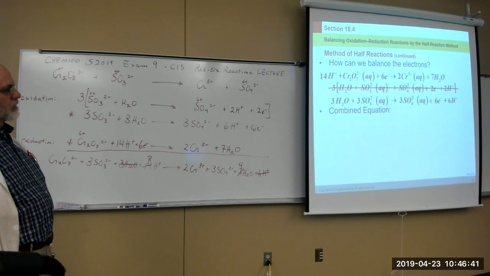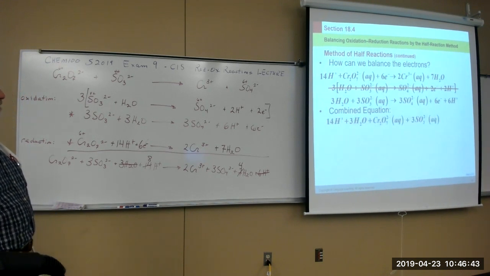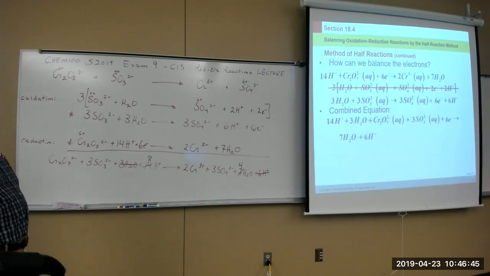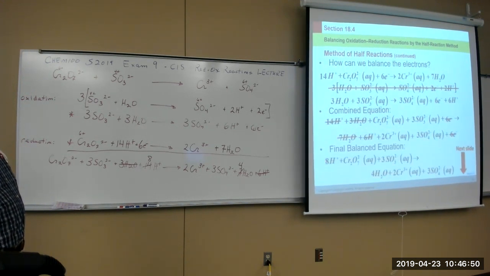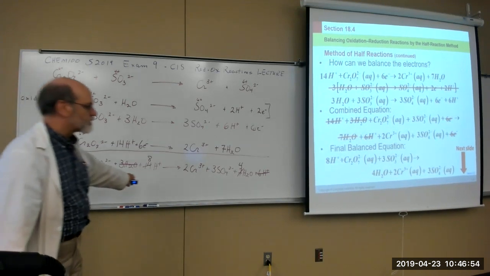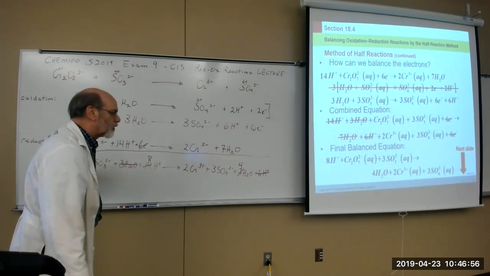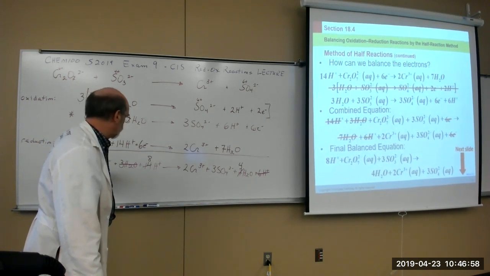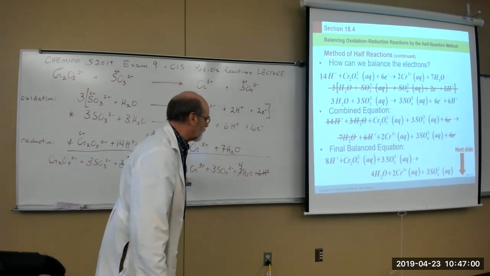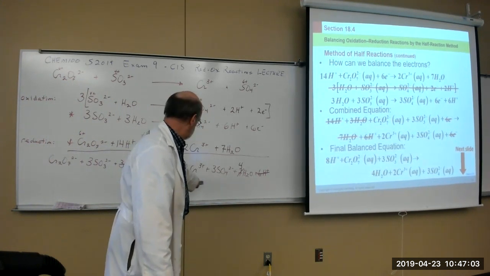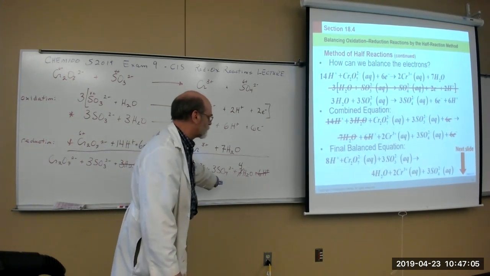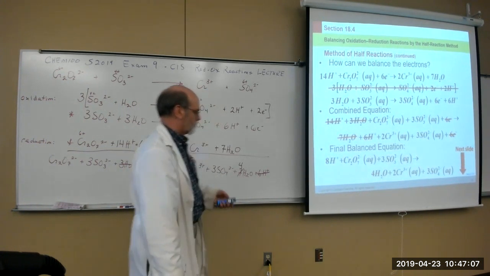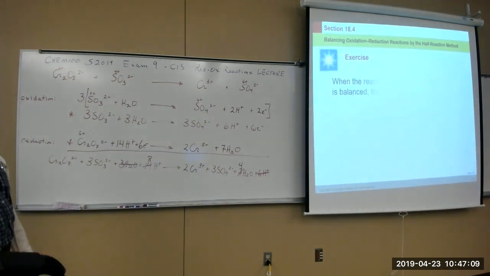There we go. Cancel commons. Combine the equations. And there's our balanced equation. So 8 hydrogens, 1 dichromate, 3 sulfites, and 4 waters, 2 chromium 3 plus, and 3 sulfates. Okay?